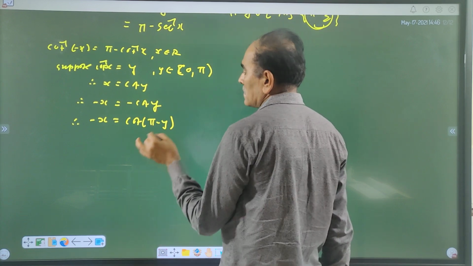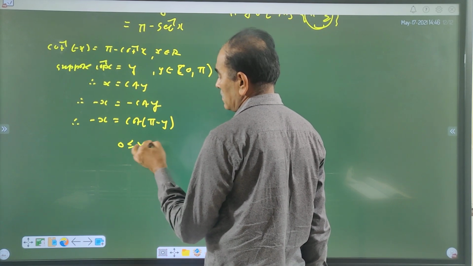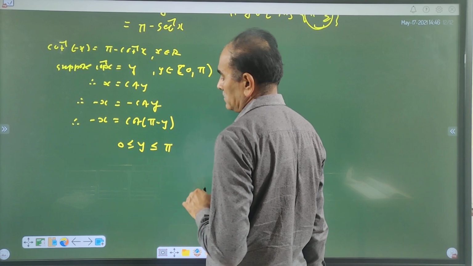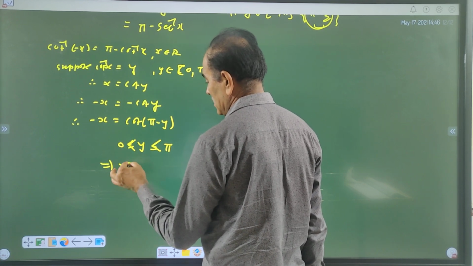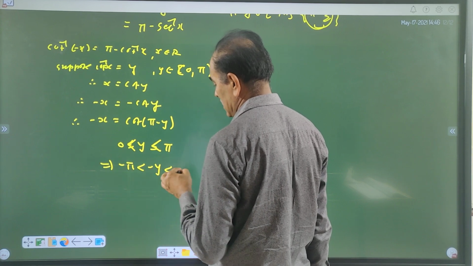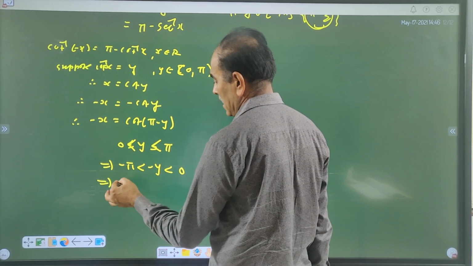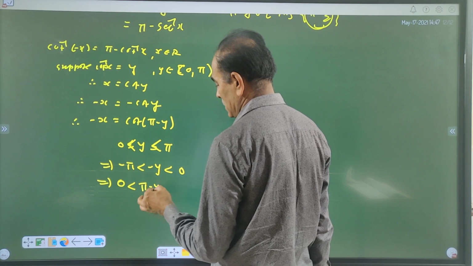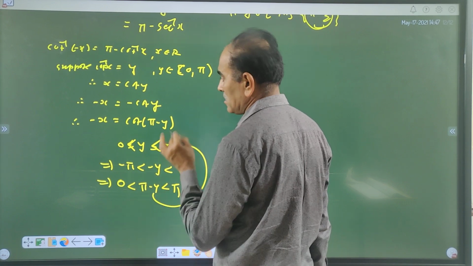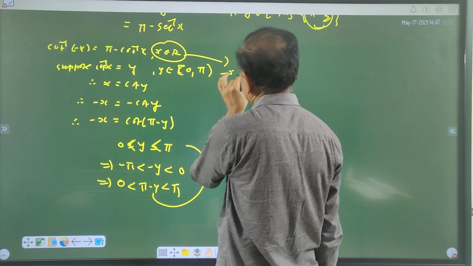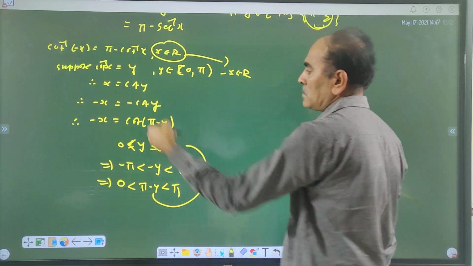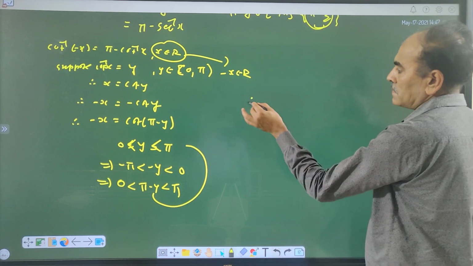Now see, 0 less than y less than pi. Sorry, open interval. So this implies minus pi less than minus y less than 0. If we add pi, then 0 less than pi minus y less than pi. So it is in range. x is in R, so minus x is also in R. So we can take cot inverse on both sides.